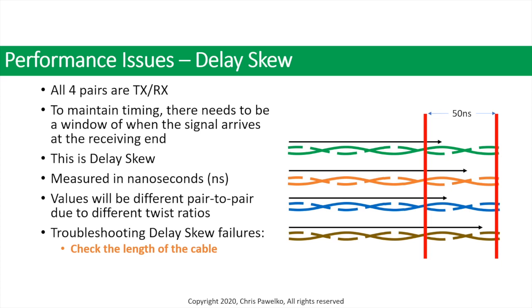This is called delay skew, and it is measured in nanoseconds, and the values will be different from pair to pair due to the different twist ratios inside the cables themselves. Troubleshooting delay skew is exactly the same as propagation delay. You have to check the length of the cable because it is dependent upon the length of the cable.